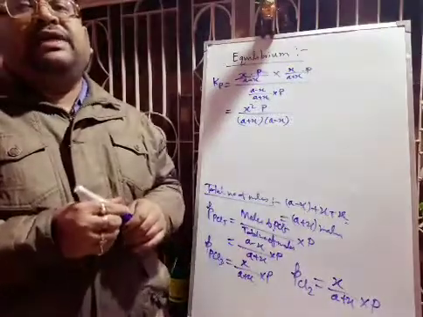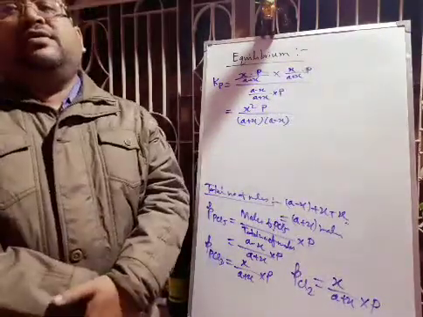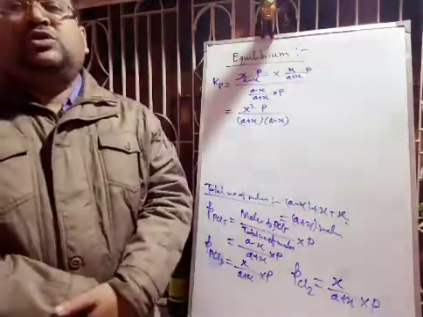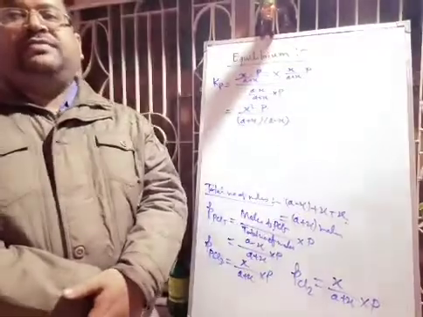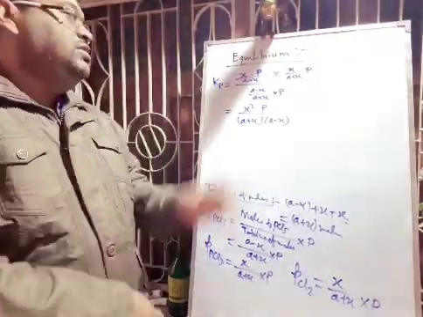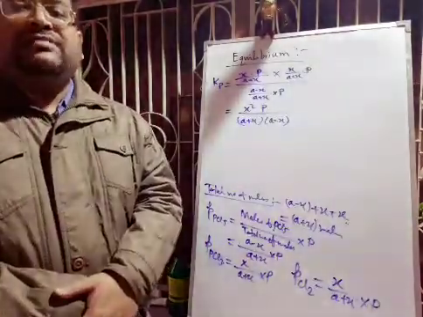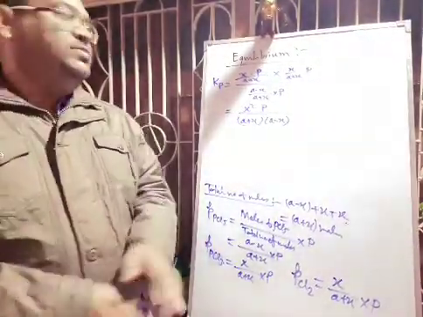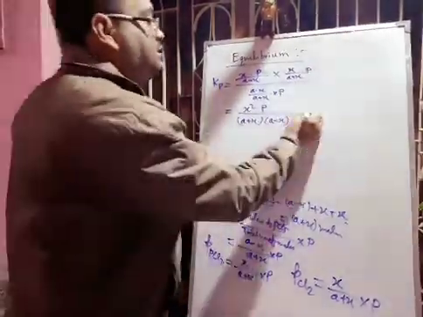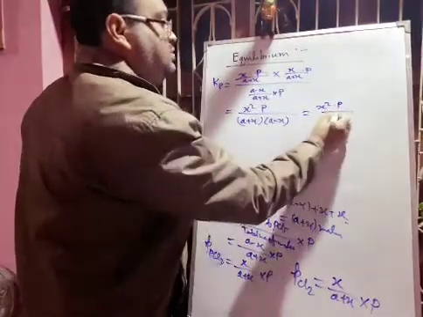Now we will discuss the effect of change of pressure. Since the above expression has the term P, the dissociation of PCl5 is not independent of pressure. Suppose we consider x is very small, then it can be neglected in the denominator. Then it comes as x square into P divided by A square.